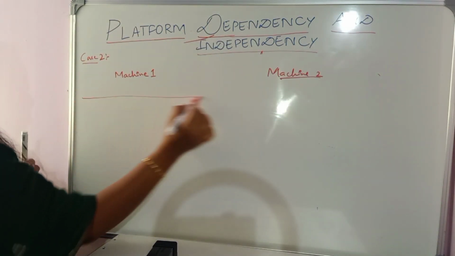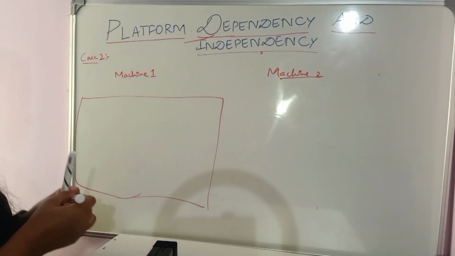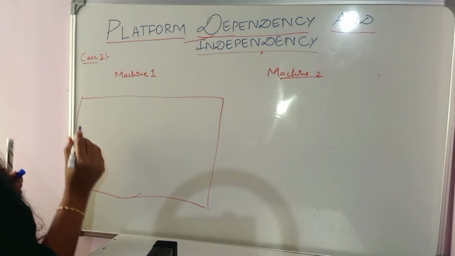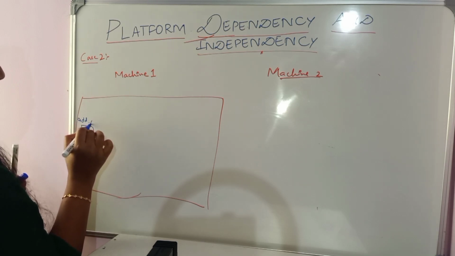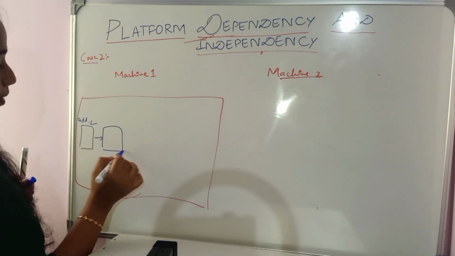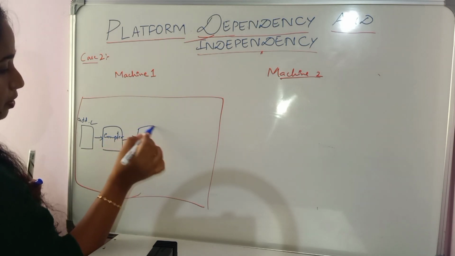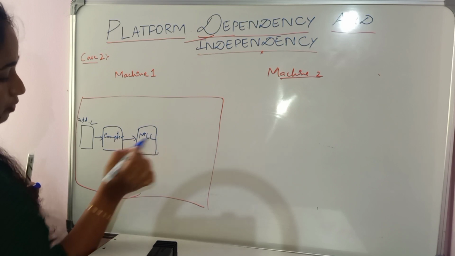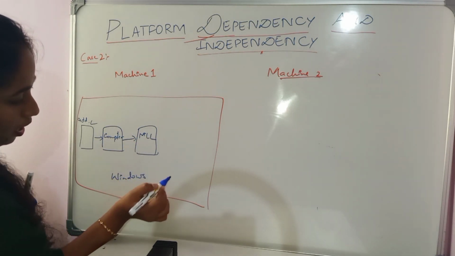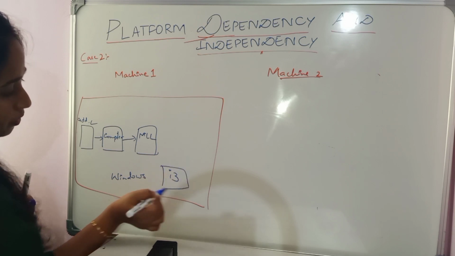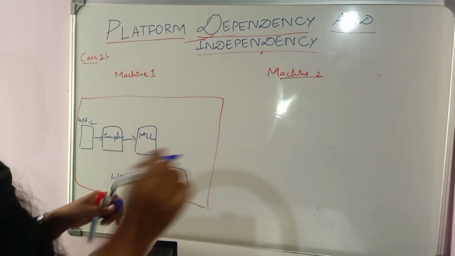In machine 1 we have a high level language file, the source file add.c. It is given to the compiler and it produces machine level language. Let us take this as Windows and i3 processor. This machine has the Windows operating system and an i3 processor.